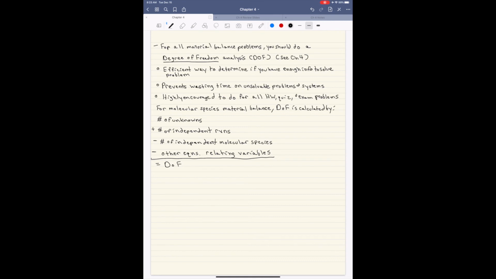And the key here is that if your degrees of freedom is equal to 0, then you could solve your problem. If your degrees of freedom is greater than 0, that means you can't solve your problem and you need more info.